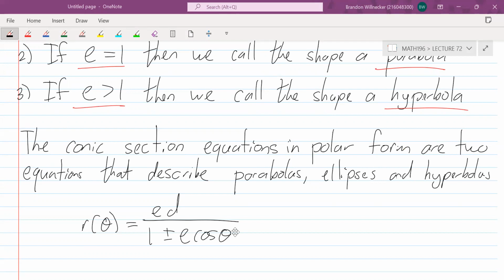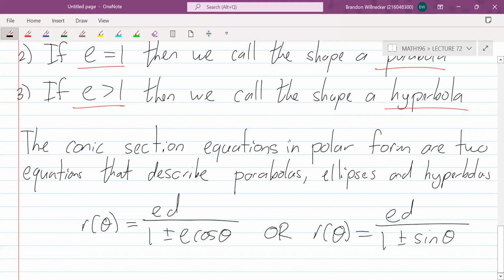Okay, so we'll see how to pick those values there. Okay, so that's for cos, and we'll see in which cases we use cos. And then the other one, r of theta is equal to e times d over 1 plus or minus e sine theta. And we'll look at in which cases we use sine theta. Okay, so it's the eccentricity times sine theta.